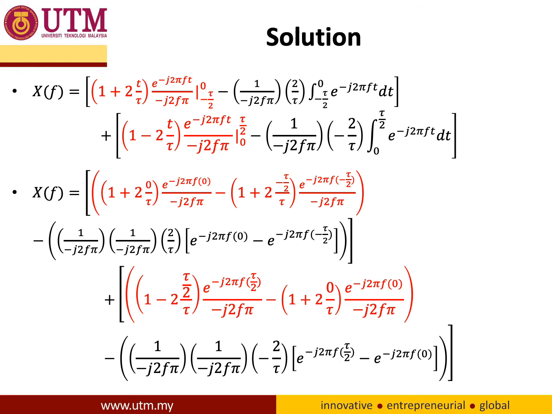For the second line, we substitute the first one for 0 to minus τ/2. Okay, so we do the same for the integral of v du, and then we repeat that for the second half of the signal.